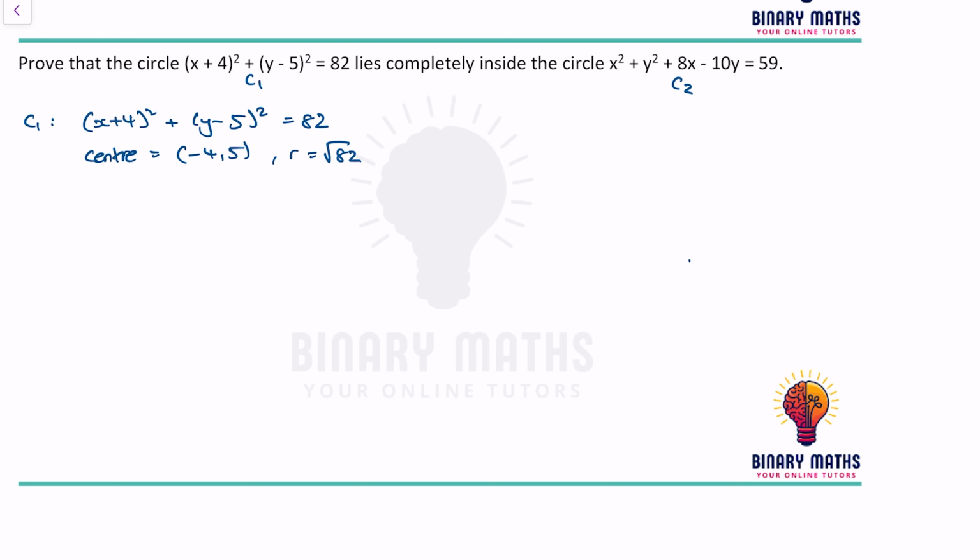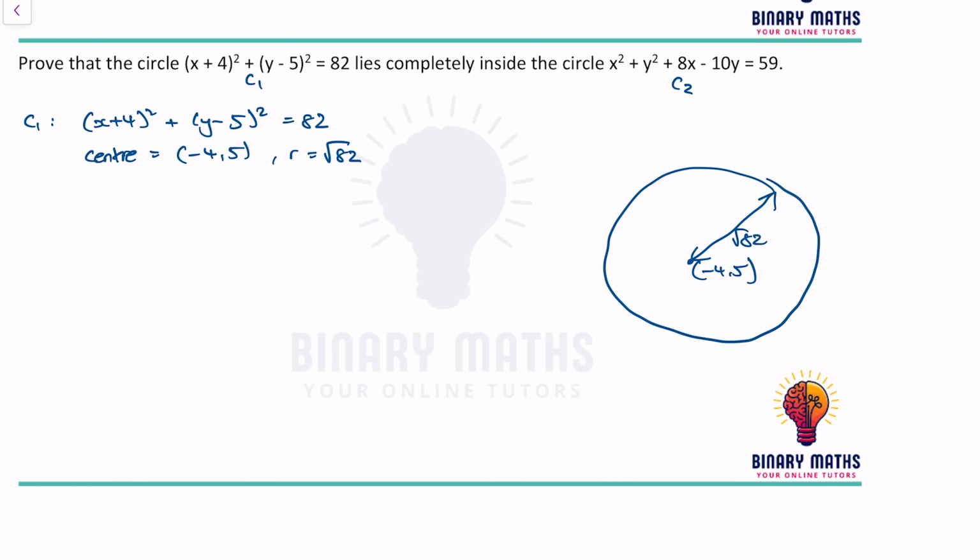So if I draw a rough circle, my center is (−4, 5) and my radius is root 82, and this is my circle 1. Now if I look at circle 2, which is x² + y² + 8x − 10y = 59, let's collect all the x's together and the y's together.